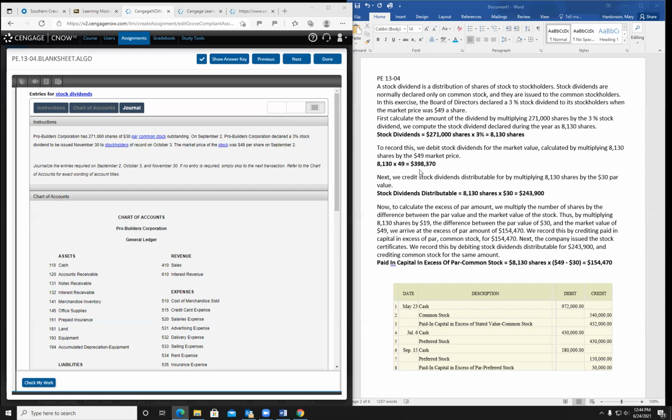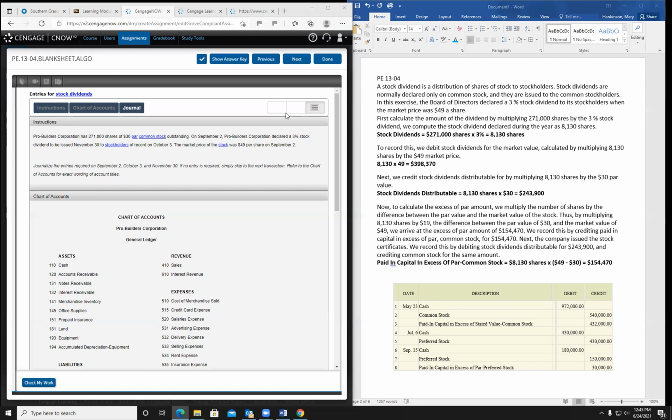All right, so once we've got that calculation done, next we credit stock dividends distributable by multiplying the 8,130 shares by the $30 value, which we did here.